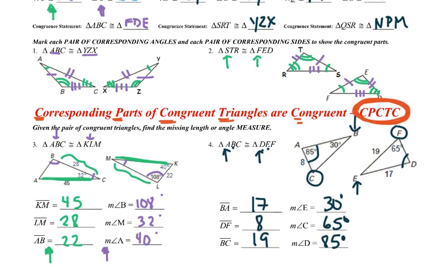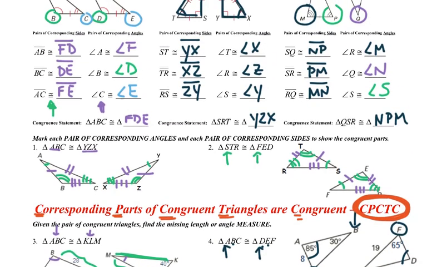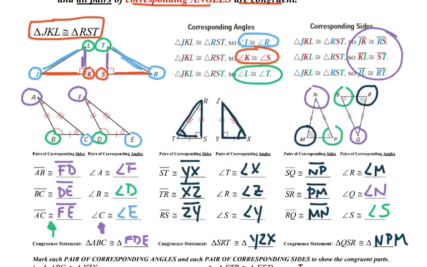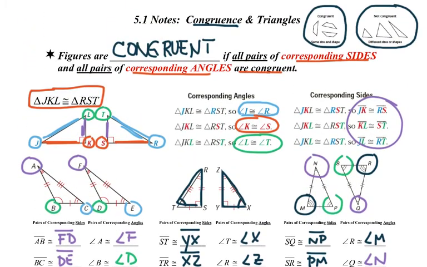Specifically equal in number. All the angles that match up are equal numbers, and all the sides that match up are equal numbers. And eventually we're going to need to memorize that phrase. But for now, we will just introduce it and introduce the idea of congruent triangles and corresponding sides and corresponding angles.